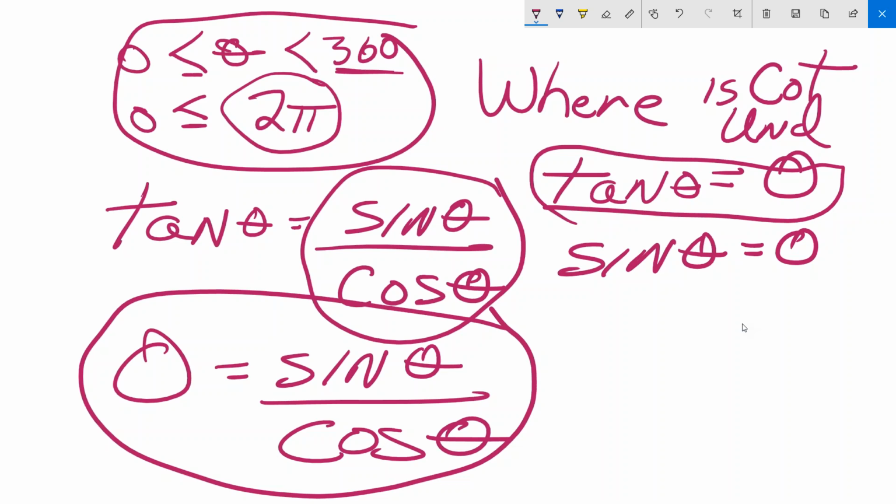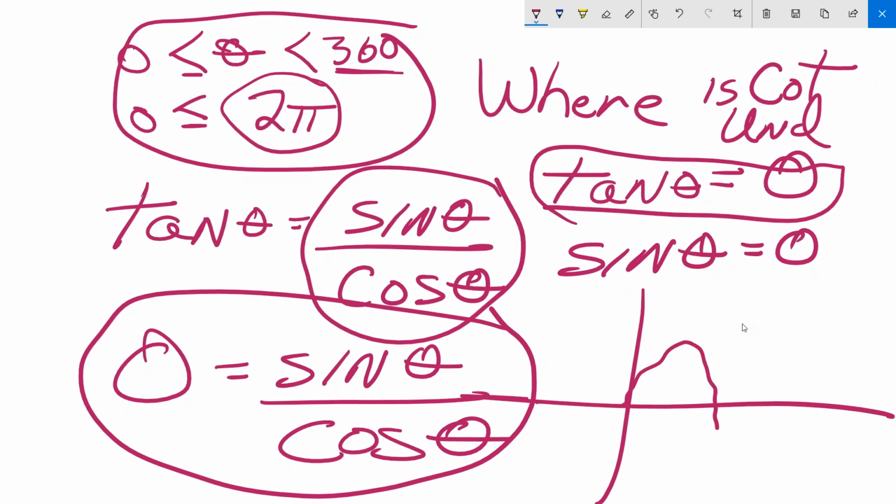So we can do this two ways. Let's start drawing the graph. There's sine theta. Where is sine theta equal to 0? This is the x-axis, this is the theta axis, this is the sine theta axis.